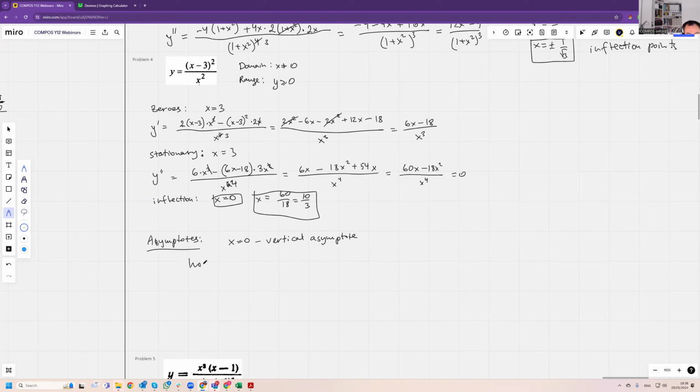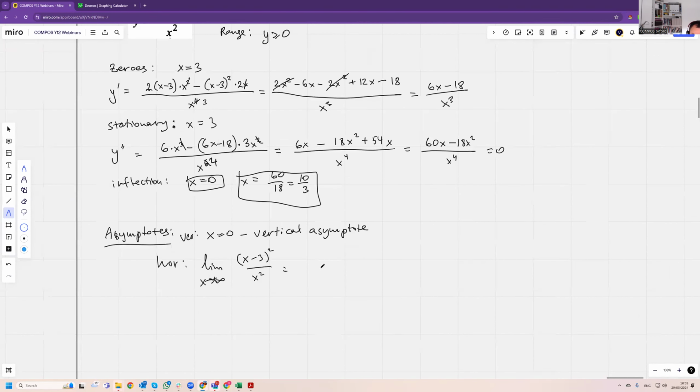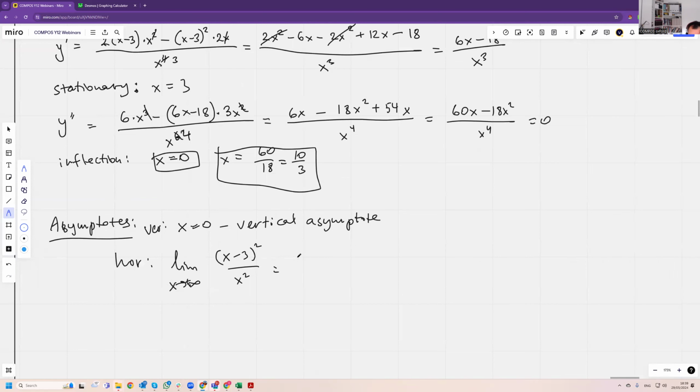Now horizontal: we find the limit as x tends to plus infinity of x minus 3 squared divided by x squared. How do we deal with limits like this? We expand. So it's the limit of x squared minus 6x plus 9 over x squared.